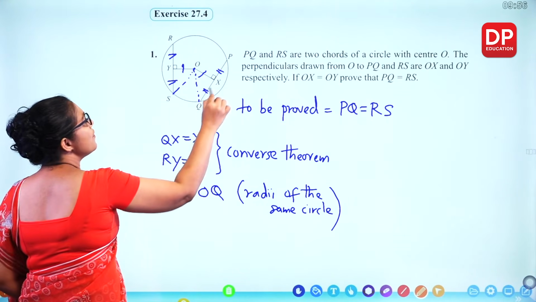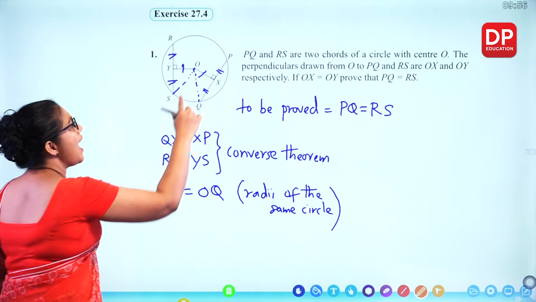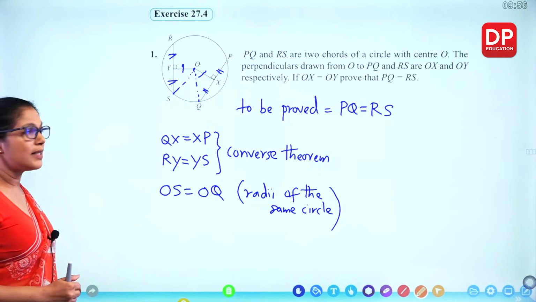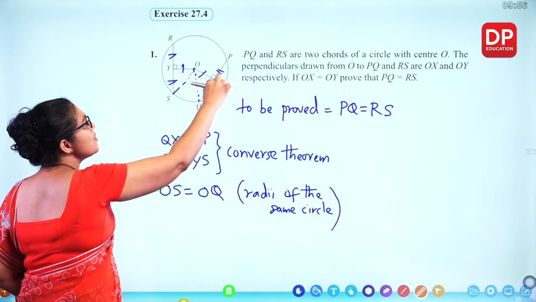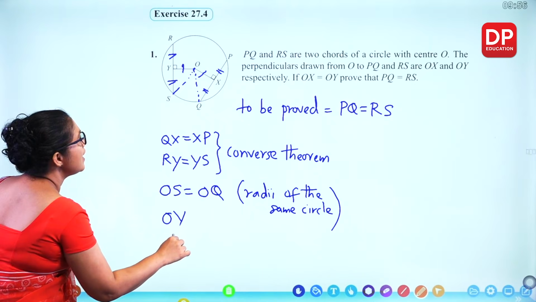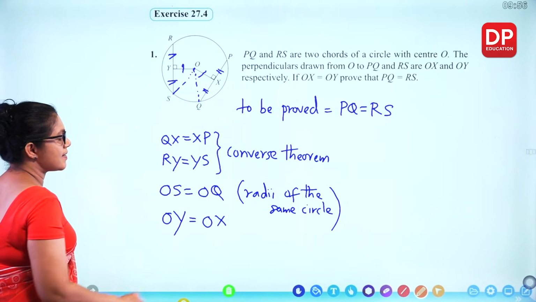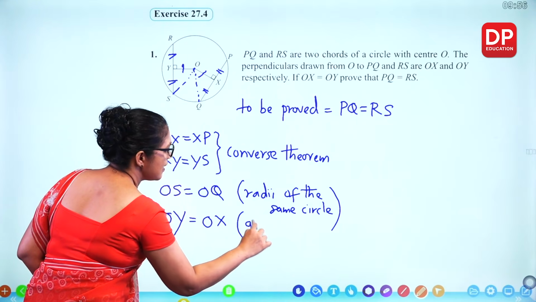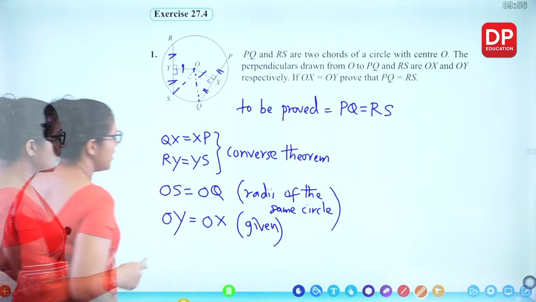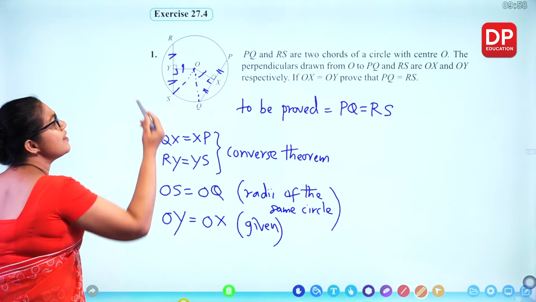So we know this is a right angle triangle and hypotenuse and the lengths are equal. And also, can you see from these two triangles, OY is given equal to OX. That's given. Okay, so here we know this is given, and look at these two triangles.